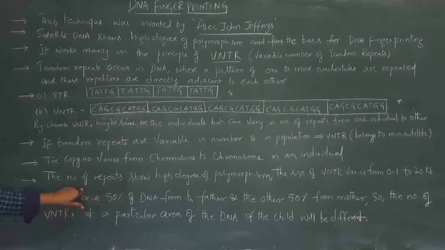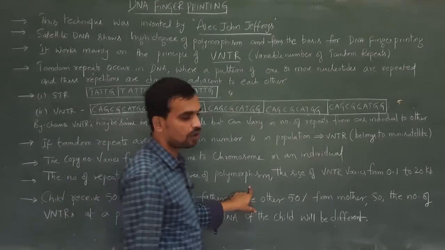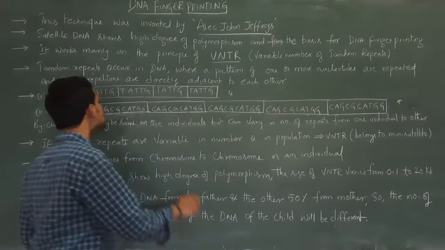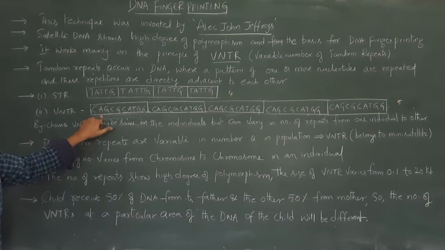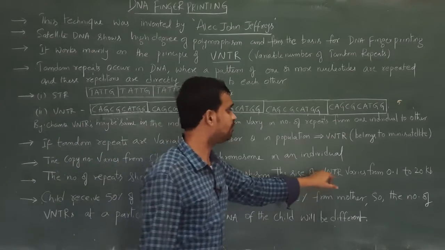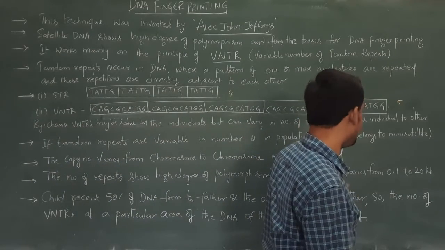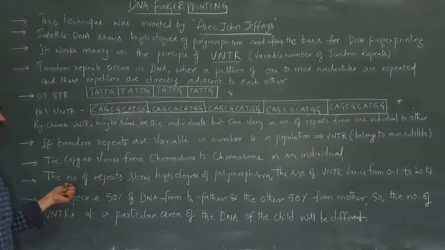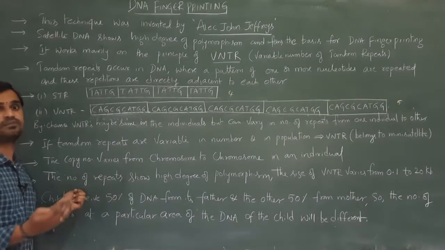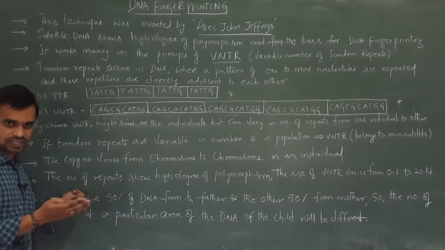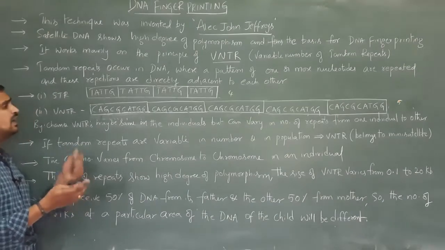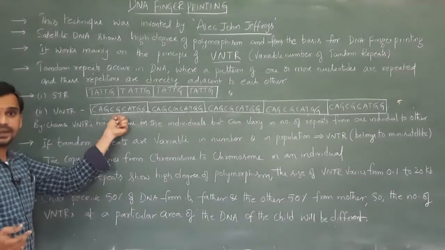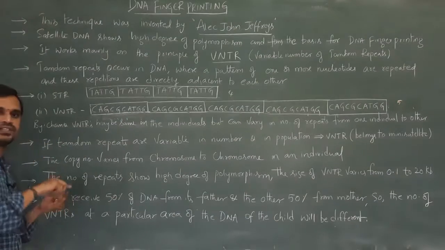Next, the number of repeats shows a high degree of polymorphism. The size of VNTR varies from 0.1 to 20 kilobase pairs. Variable number of tandem repeats shows a high degree of polymorphism, which means variations. So the same sequence may not be repeated at the same position from one person to the other.